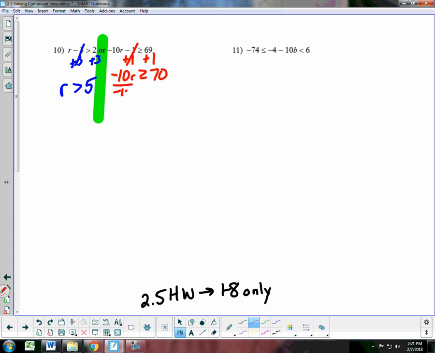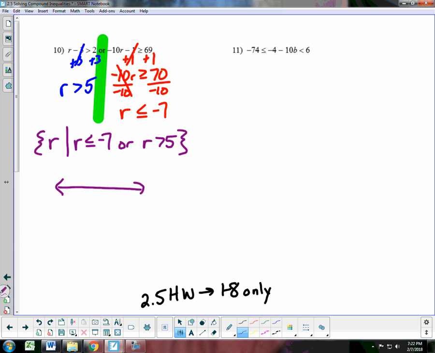Divide by negative 10. So dividing by a negative is going to flip that sign. So now it's less than or equal to. And 70 divided by negative 10 is negative 7. All right. Write that in set builder notation. So all r values such that, I'm going to start with the smaller number, r is less than or equal to negative 7, or r is greater than 5.